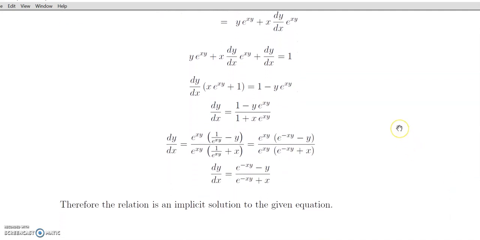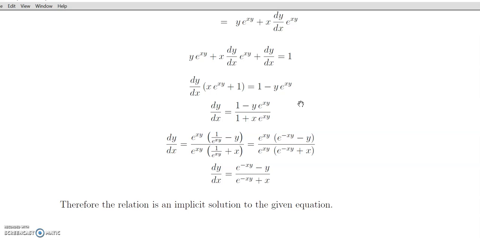We need to solve for dy/dx. So for the last two terms, we factor dy/dx. So we get dy/dx times (x e^(xy) + 1) equals, this term will be moved to the right, so 1 - y e^(xy).